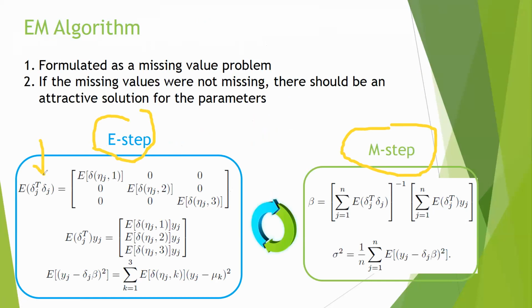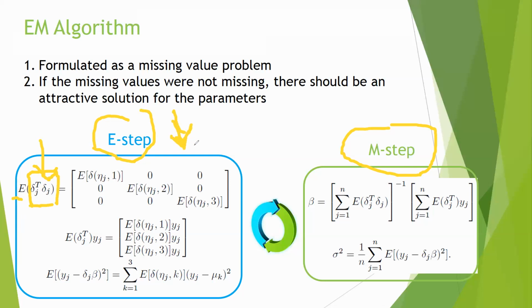Since we have the missing value, in the E step we calculate the expectation of this missing value based on the previous step, and we replace the missing value by the expected missing value. Then we treat this missing problem as a non-missing problem.